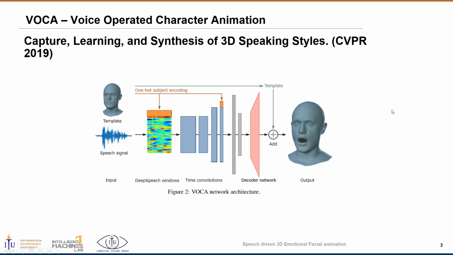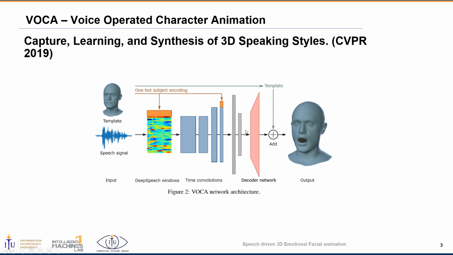So our reference paper is VOCA, from the Capture, Learning, and Synthesis of 3D Speaking Styles paper. VOCA takes a speech signal as input, passes it through DeepSpeech to get the character probabilities of English alphabets corresponding to that slice of speech signal, and then passes those character probabilities to strided convolutions.